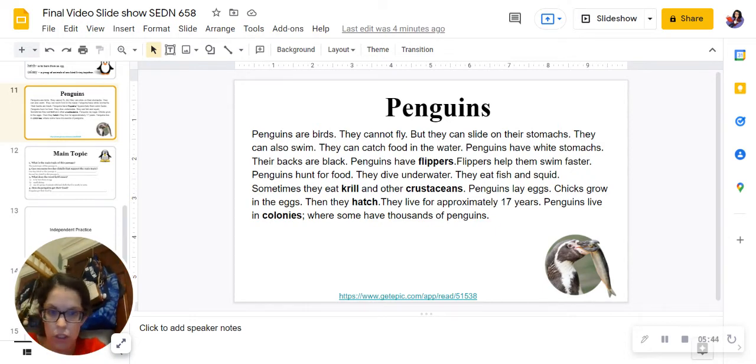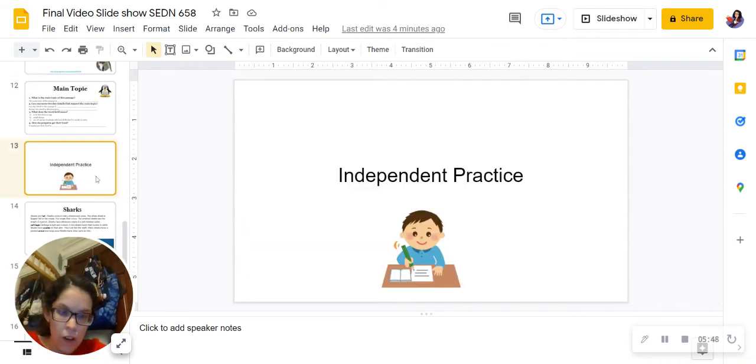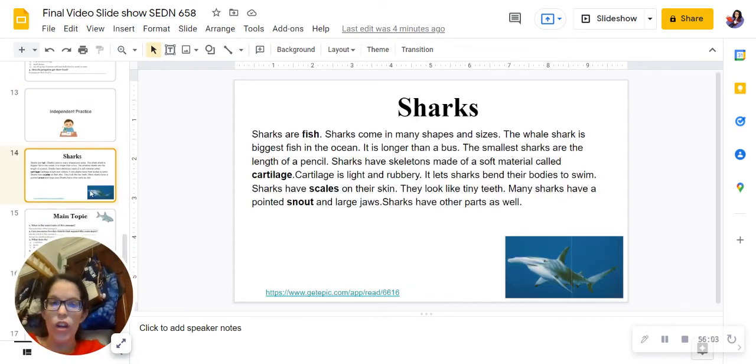So after that, we would move on to independent practice, where they would read a short passage on their own, go over any unknown words, maybe even circle or underline them.